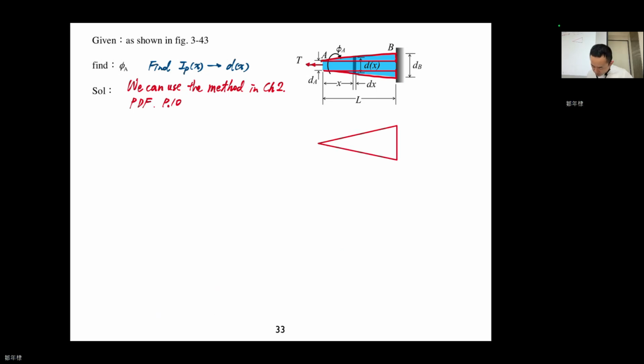I want to make this one combine together, all right? And you will see this one is dB minus dA, because the middle cone is gone, right?